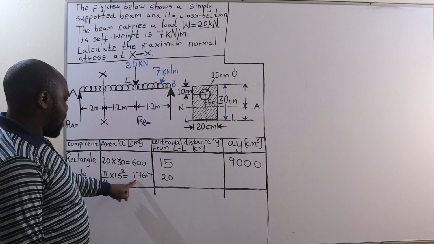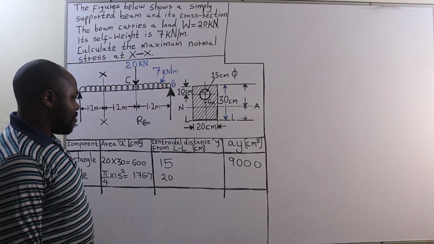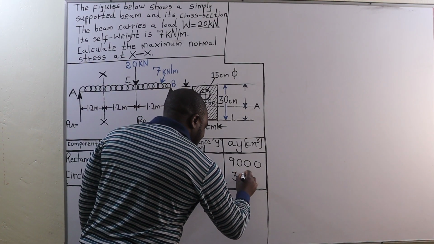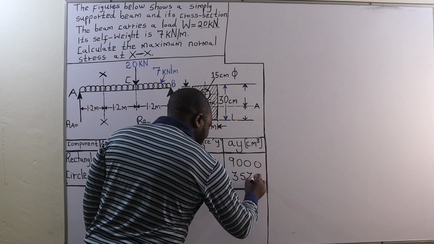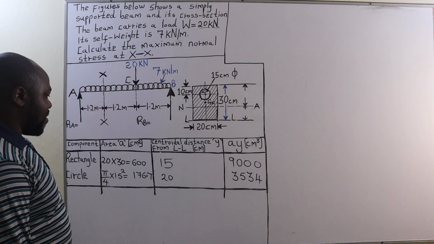On the other hand, we have 176.7 multiplied by 20, that's going to be 3,534 centimeters raised to 3.